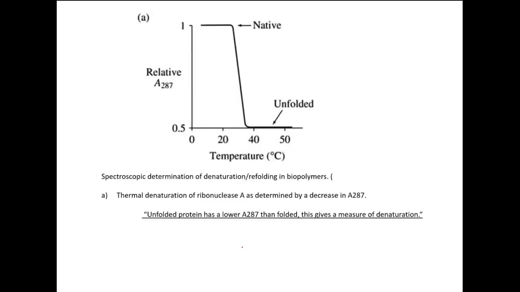One of the finest applications of the UV visible spectrophotometer: you can even study the structural denaturation kinetics of the protein. The secondary structure of the protein can be studied by using the UV visible spectrophotometer.